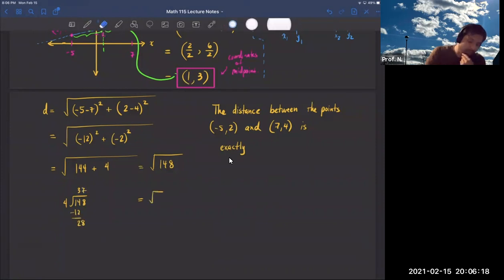You know what? We're not up to that point yet. Let's just leave it like that. So it's exactly whatever square root of 148 is, units. Or we can say it's approximately.